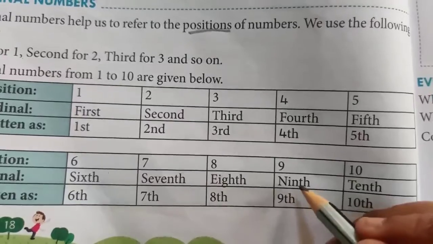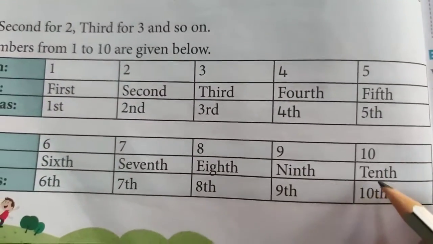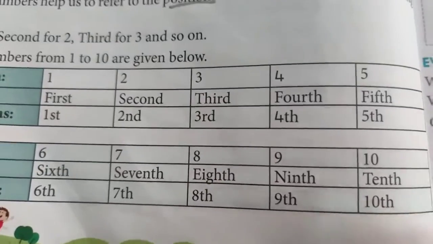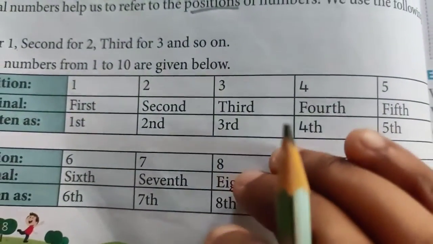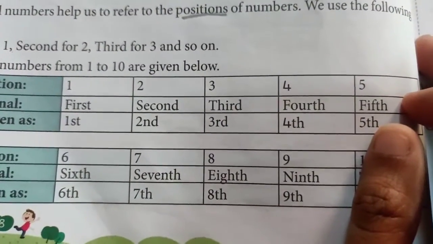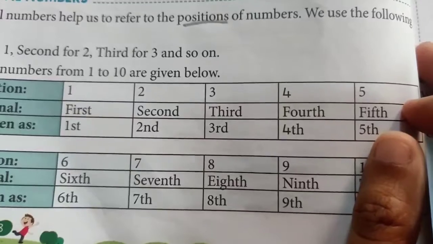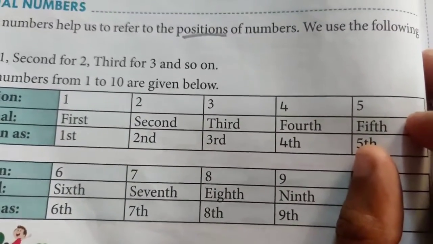Okay, NINTH, not NINETH. And 10th is 10, TEN, and then TH. Yes, so in this way we have learned this, right? So we can continue the exercises. Okay, we will do chapter revision of this chapter in textbook also and in notebook also.